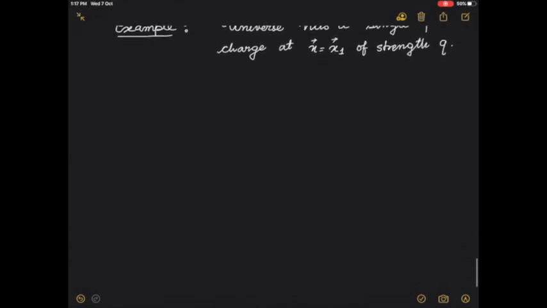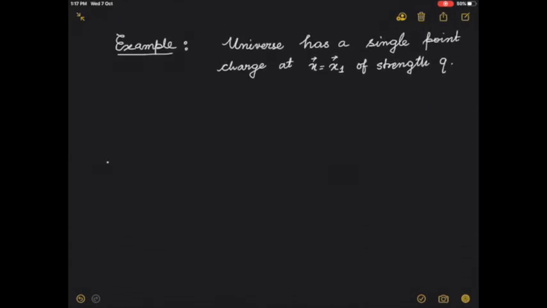So basically I'm asking the following question. Let's choose some origin. There is a position x1 where I have a charge q. I ask the question: what is phi at some other position x?